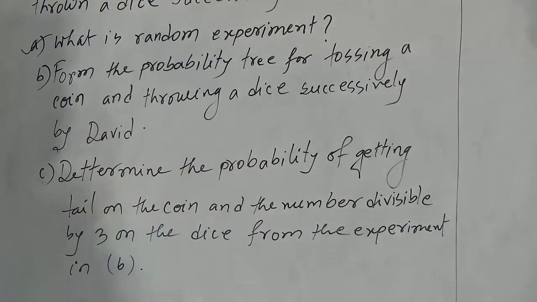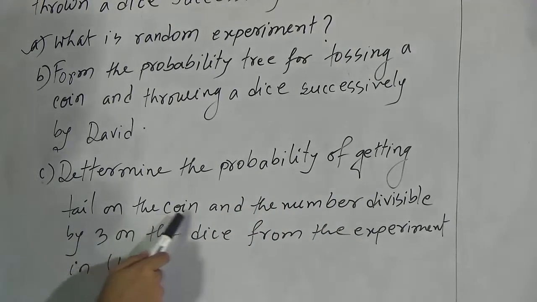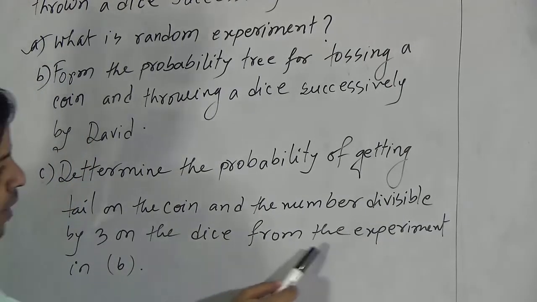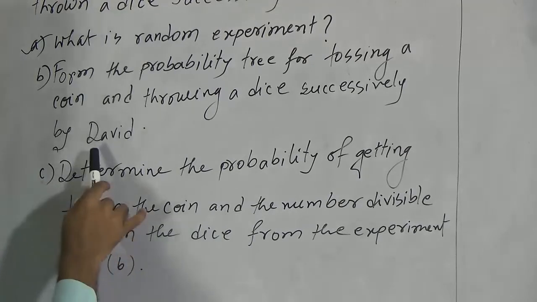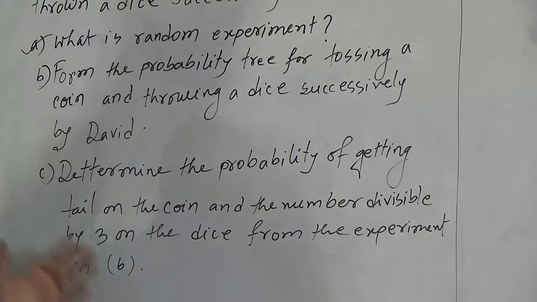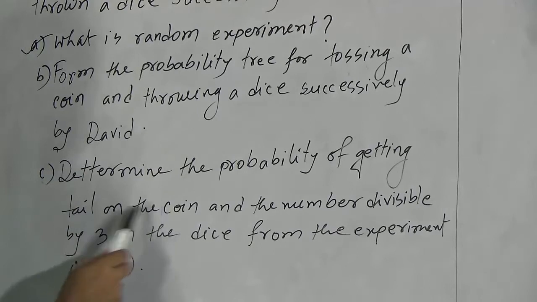It means David tossed a coin and thrown a dice successively, and for that we have to draw the probability tree in question B. Now question C, determine the probability of getting tail on the coin and the number divisible by 3 on the dice from the experiment in B. It means that from the probability tree in B, we have to determine the probability of getting tail on coin and the number divisible by 3 on dice.